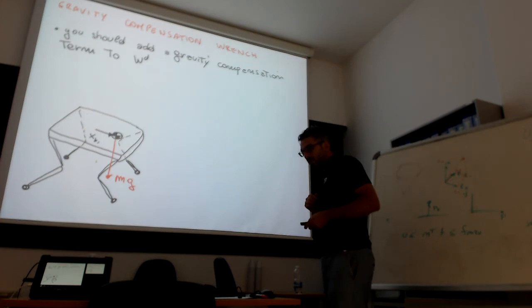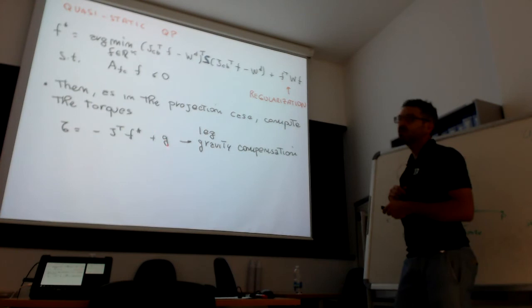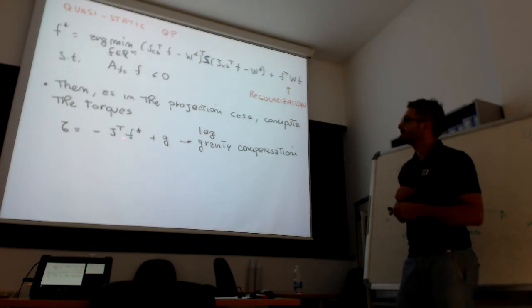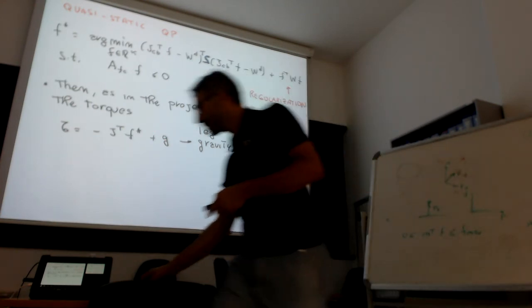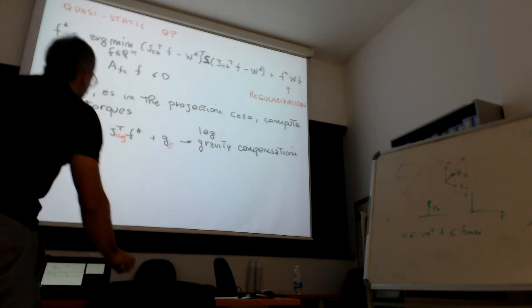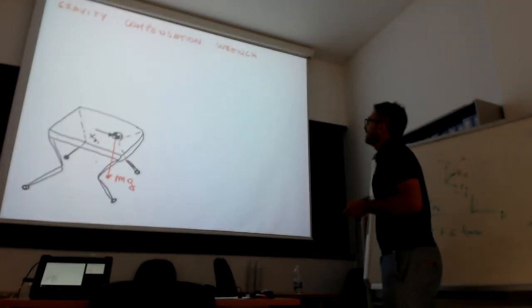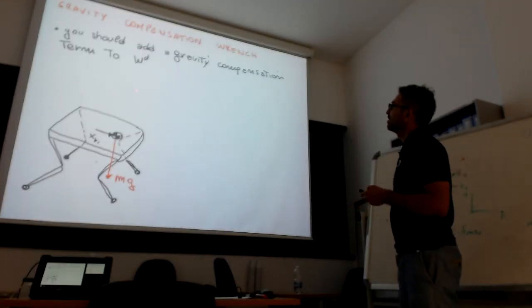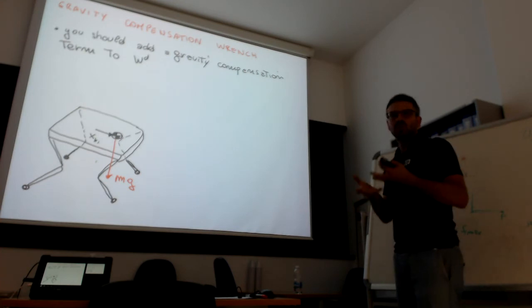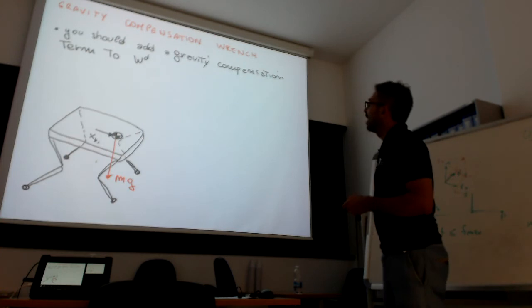It's important to think about this gravity here. It's the gravity of the legs, because this is J C transpose, so this is living in the joint space, while we need to add gravity also to the robot as a whole to compensate the whole mass of the robot.